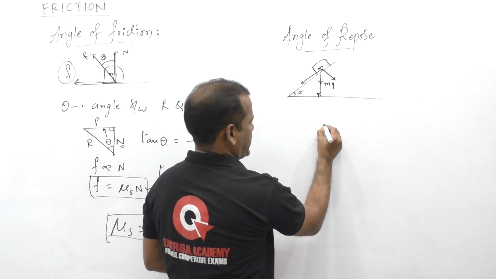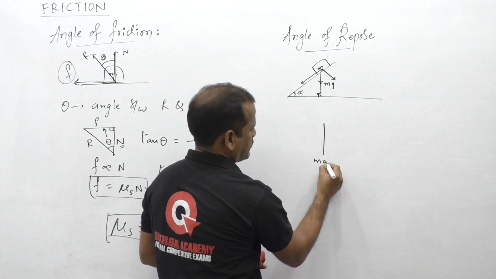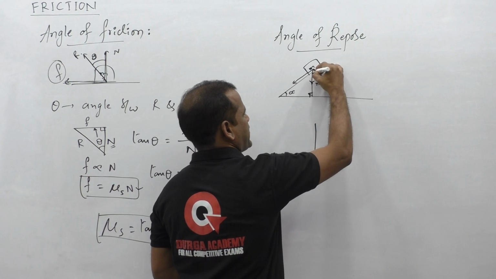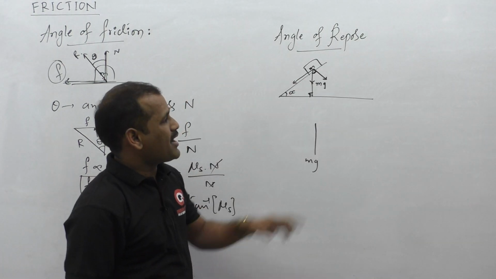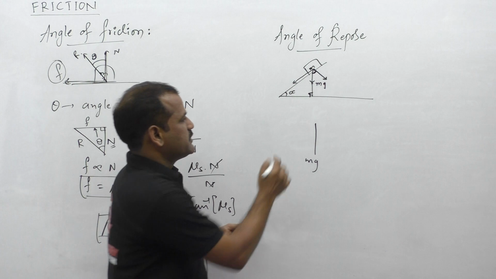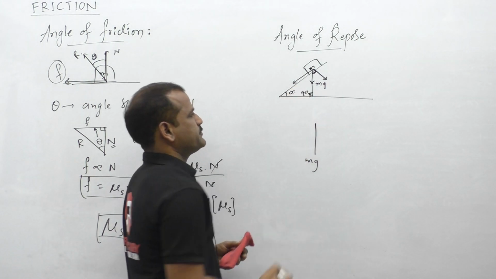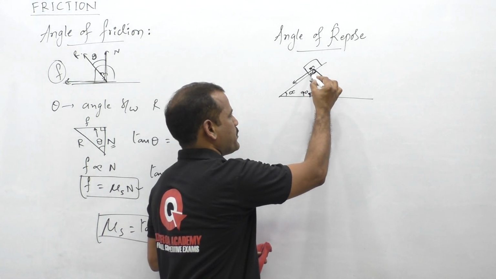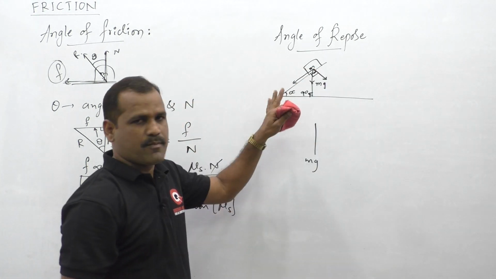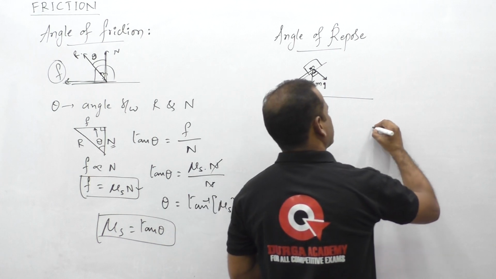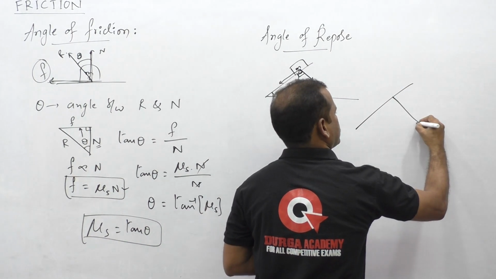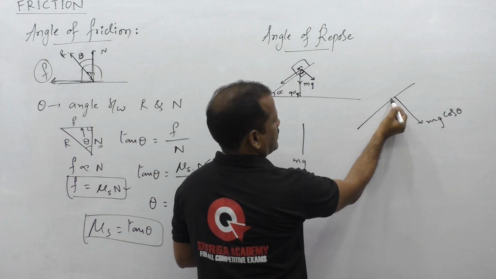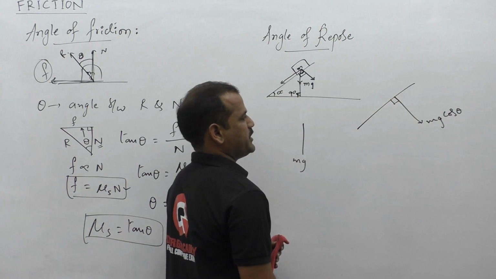So I take this mg like this, and observe that this is making some angle here. What is this angle? This is 90 degrees and this is alpha. I am plotting this separately on the inclined plane. This is mg cos theta, the perpendicular component of weight.